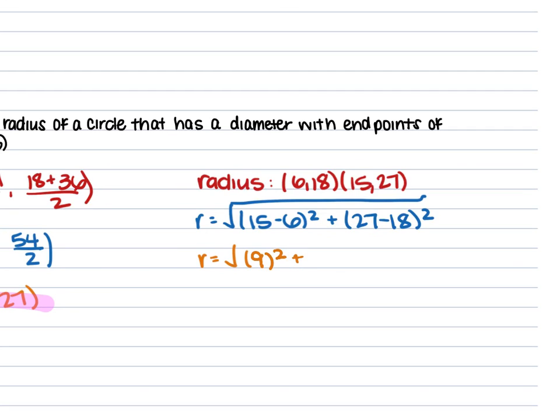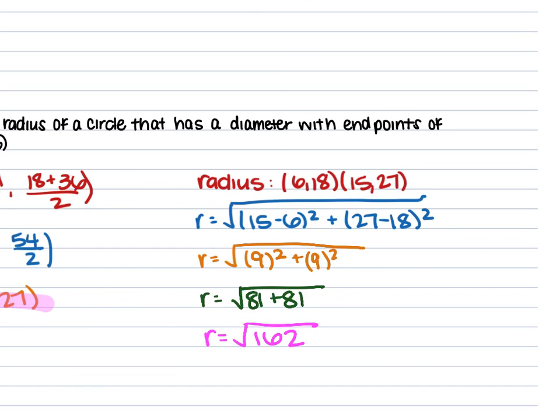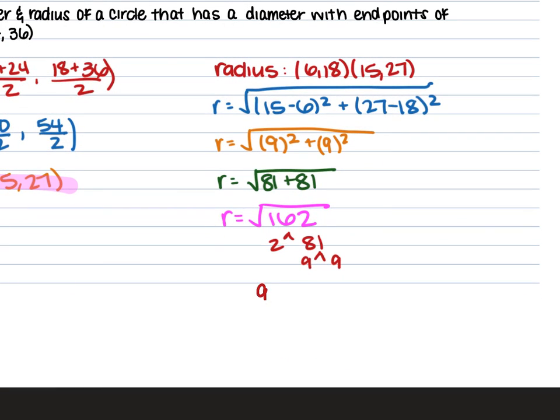Plus the 27 minus 18 gives me 9 as well. So 9 squared is 81. So it's going to be 81 plus 81. So that's the square root of 162. That 162 is 2 times 81. The square root of 81 is 9. So this is going to be 9 square root 2 for our radius.